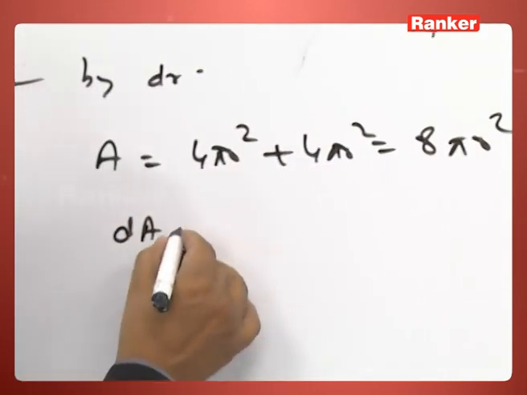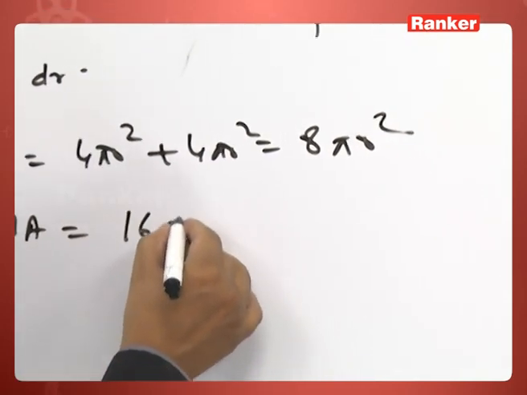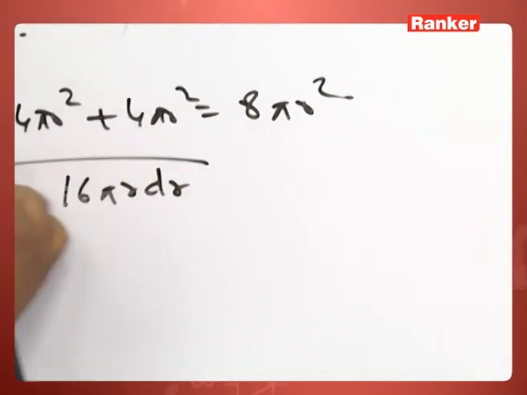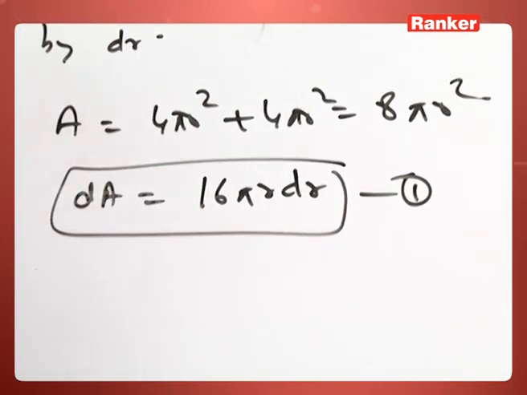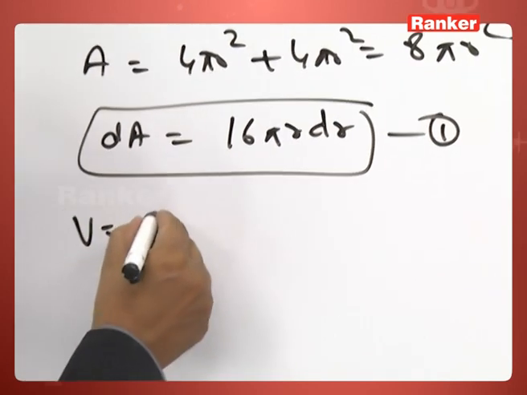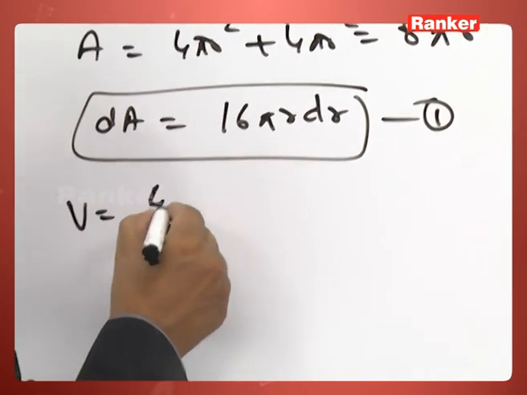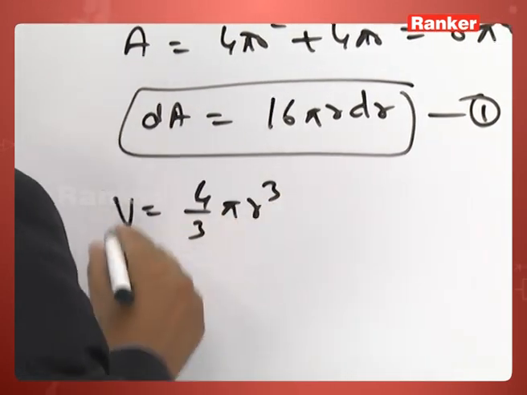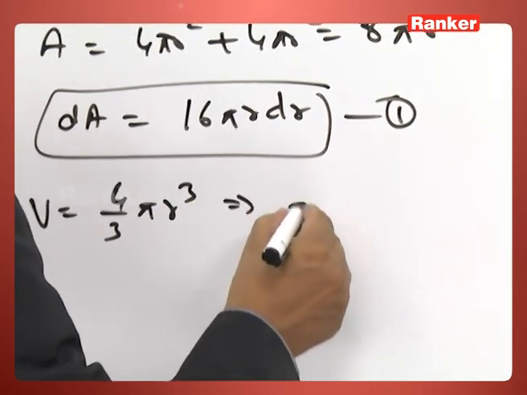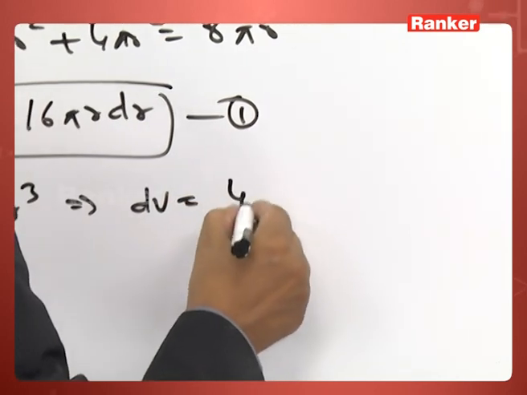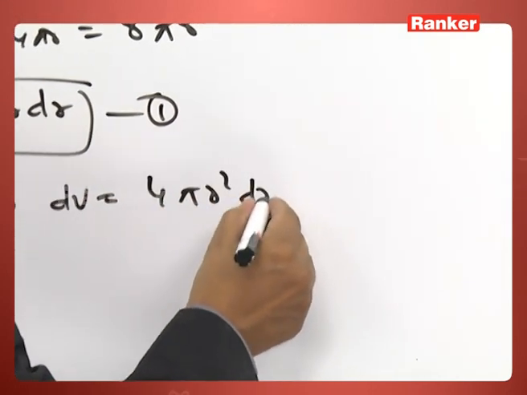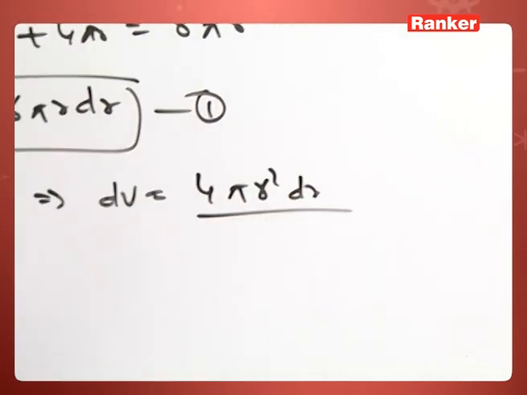So, the change in area becomes 16 pi r dr. This is the change in area. Now, the volume enclosed is 4 by 3 pi r cube, and so the change in volume will be, this 3 will cancel, 4 pi r square dr. This will be the change in volume.